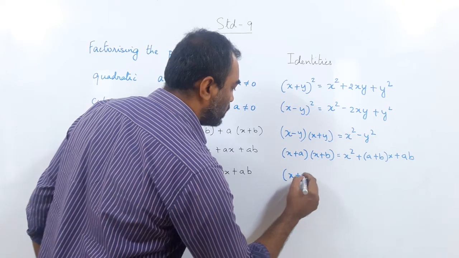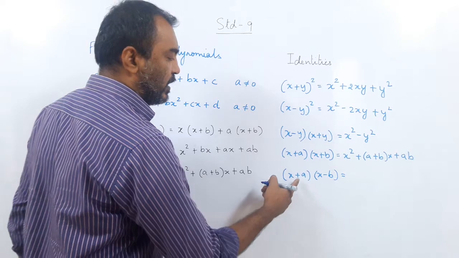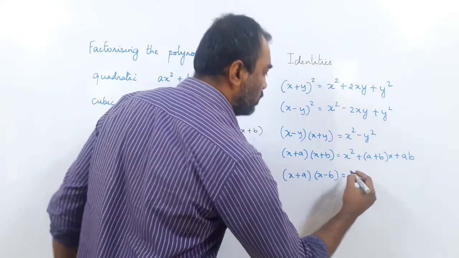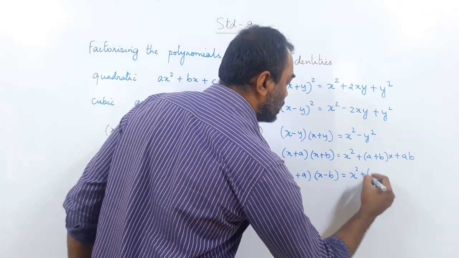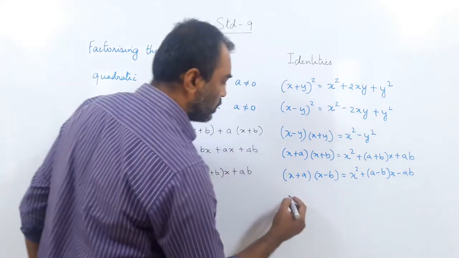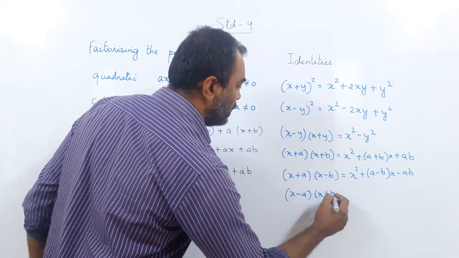So if I get (x plus a) into (x minus b), what will change? a is positive, b is negative. So only in the place of b I have to put a negative b. I get x square plus (a minus b)x minus ab. What if I have (x minus a) and (x plus b)?